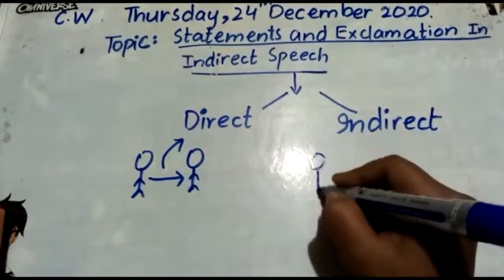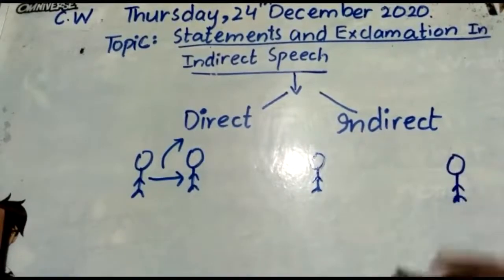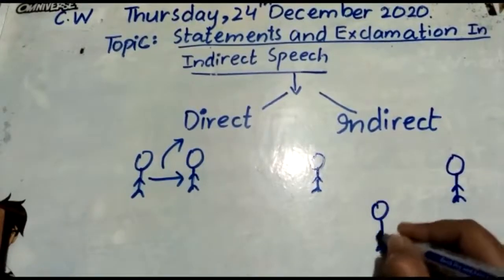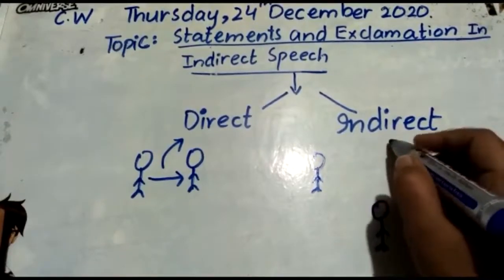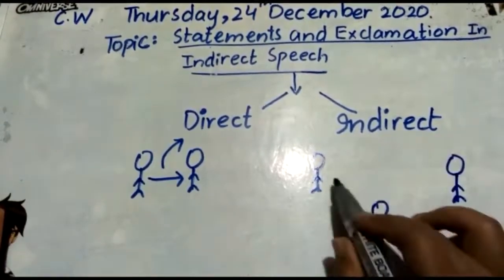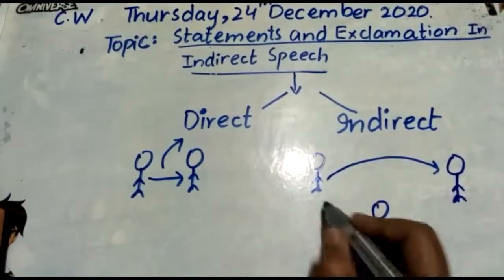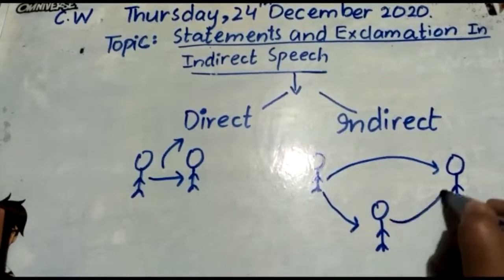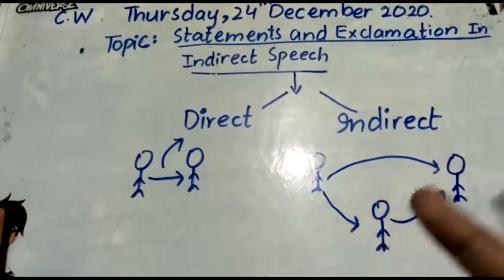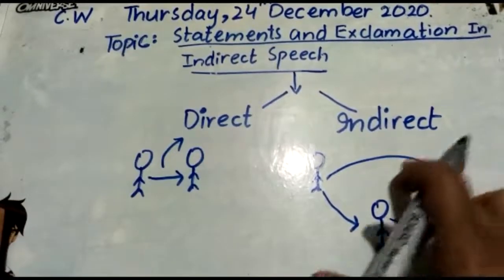But if I have to convey my message to this person, but my message is being conveyed with the help of this third person, this would be an indirect speech. So the way of expressing my talk to this person is changed in indirect speech.